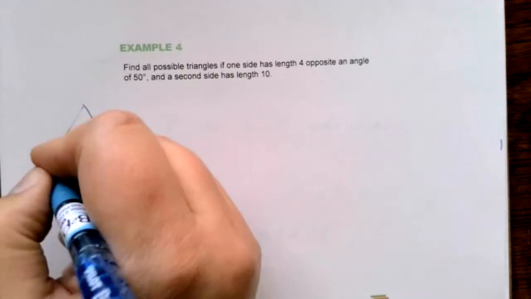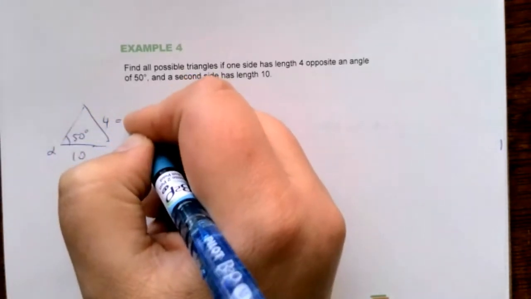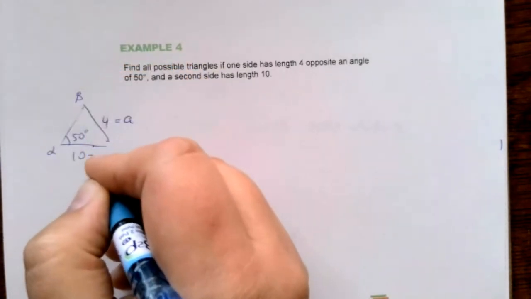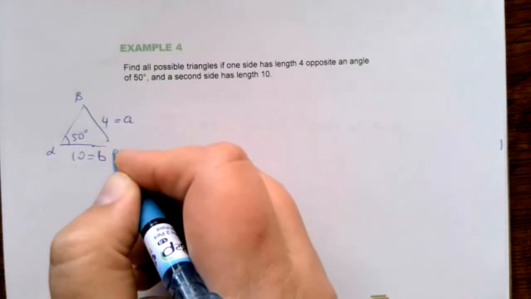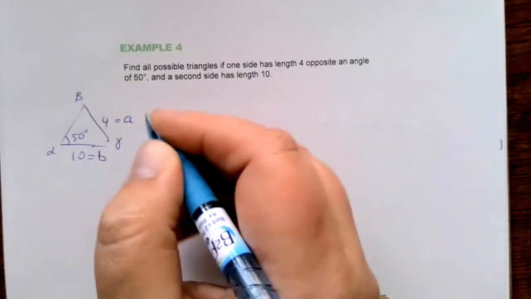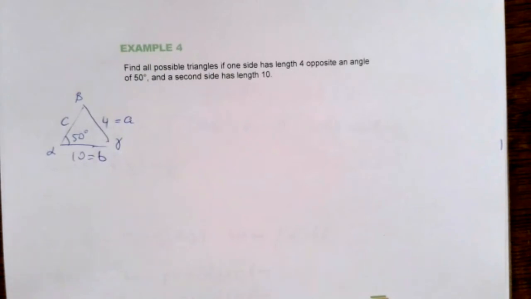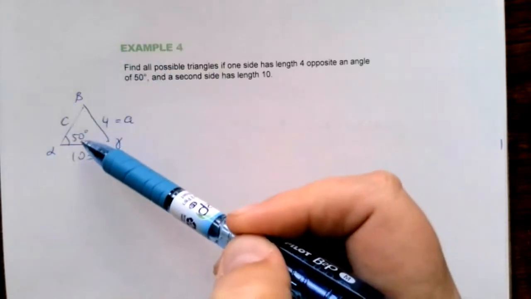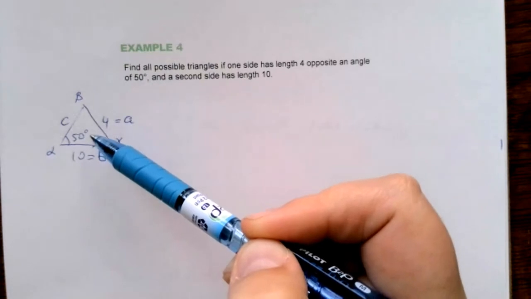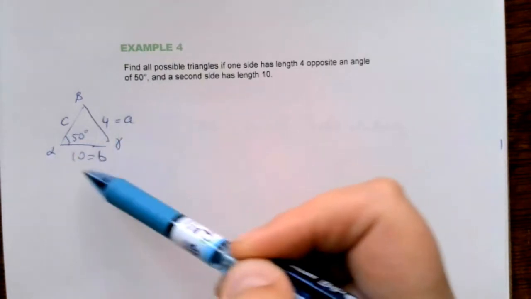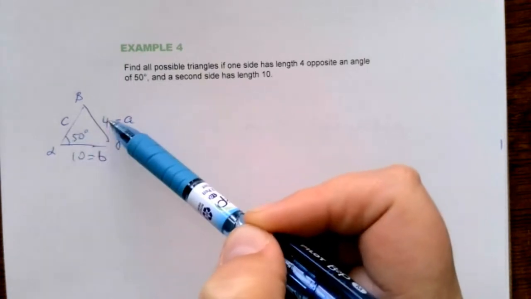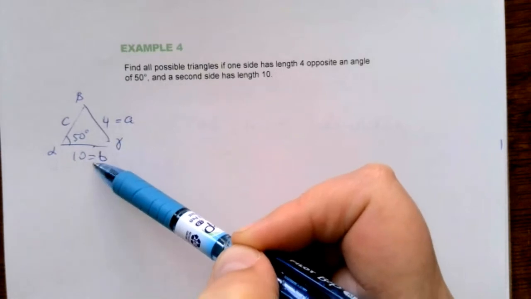Let's call this angle alpha, and that's going to be side A. And let's call this angle beta. So this side is B. And we have angle gamma, and this side is C. So again, we're gonna apply our law of sines, and we need to use all three values that we know: the angle, the side opposite of it, and the other side.